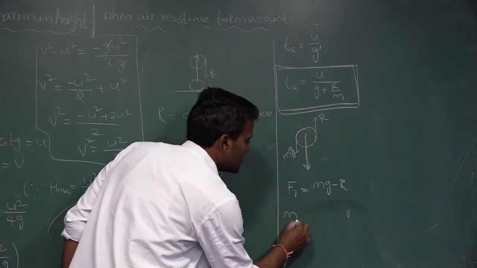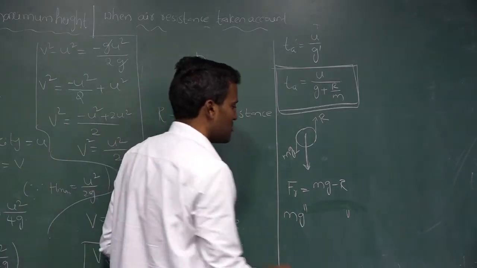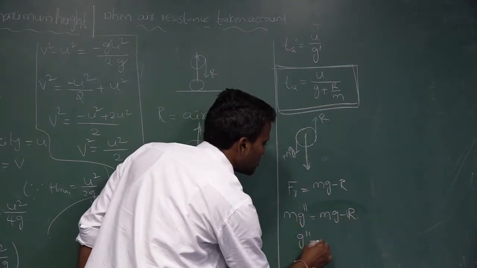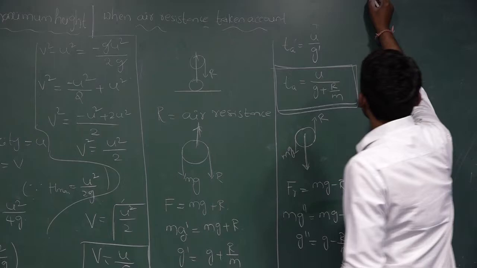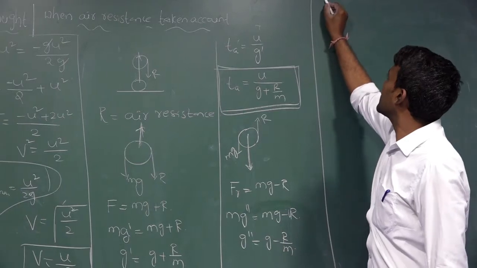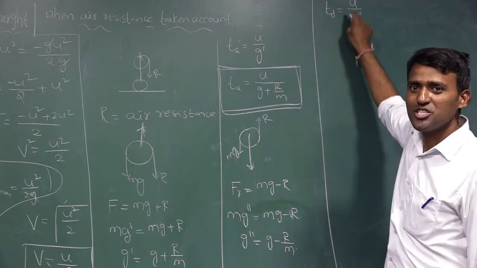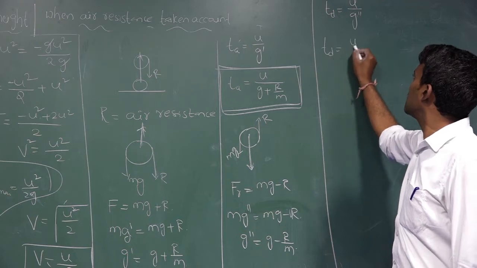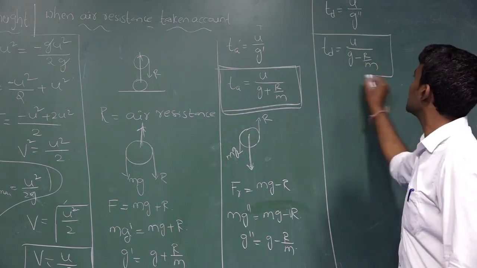So I am writing mg double dash, because earlier I wrote mg dash. So mg double dash is mg minus r. Taking m to this side, g double dash is equal to g minus r divided by m. Now for the time of descent, when the object is falling downward, time of descent is equal to u by g double dash. Actually it is u by g only, but here the symbol g double dash is there. Td is equal to u divided by g double dash, which is u divided by g minus r divided by m. This is the time of descent.